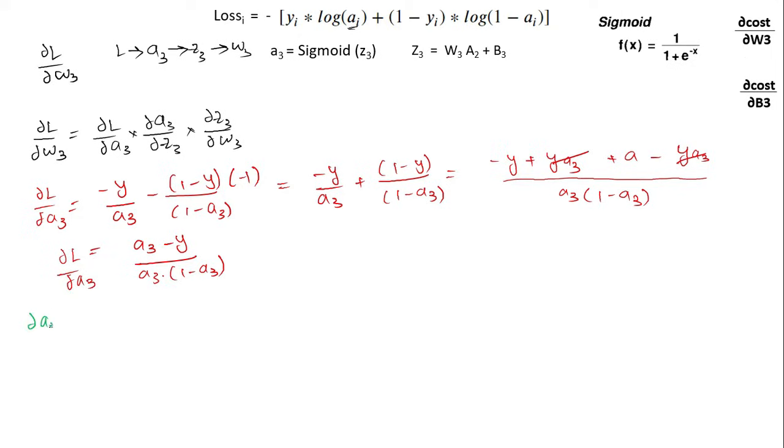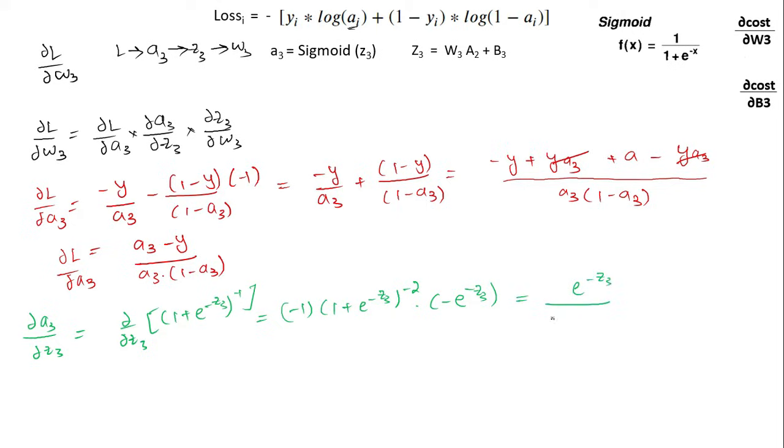Now for del a3 by del z3, we will need to take the derivative of this sigmoid function. So we can write the sigmoid function in the form of (1 plus e power minus z3) power minus 1. So its derivative will come out to be minus 1 outside, and (1 plus e power minus z3) power minus 2, and then the derivative of 1 plus e power minus z3, which will be minus e power of minus z3. So this will come out to be e power of minus z3 upon (1 plus e power of minus z3) whole square.